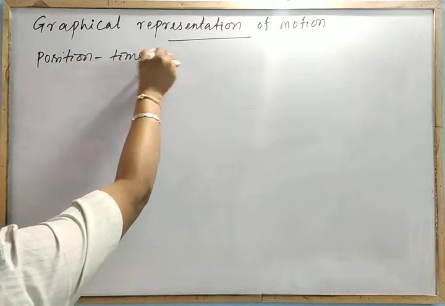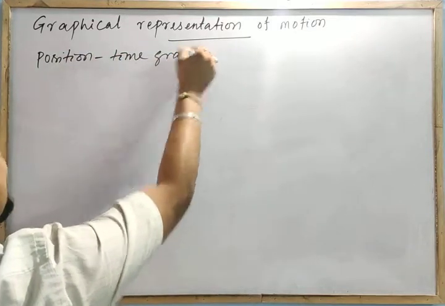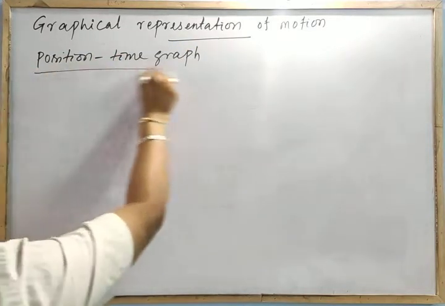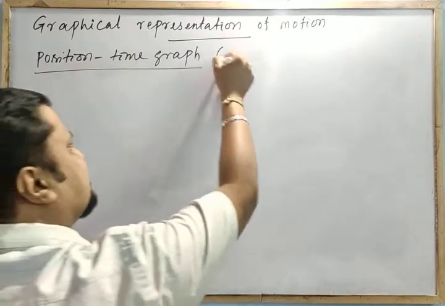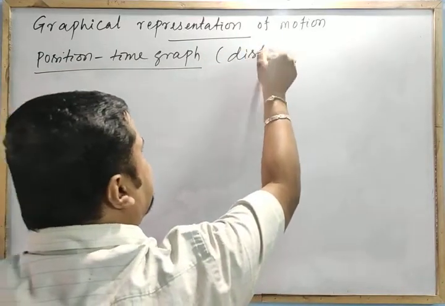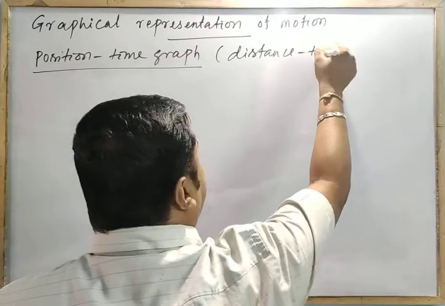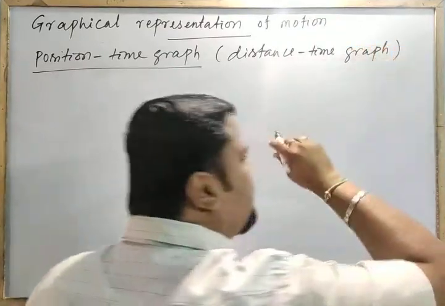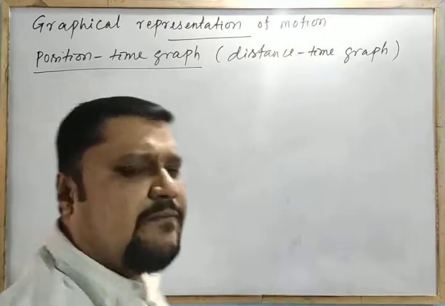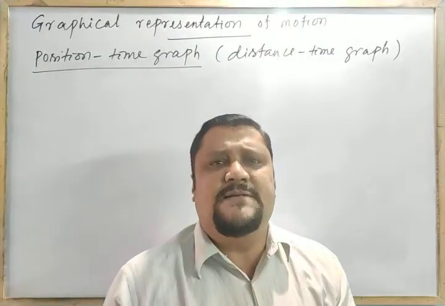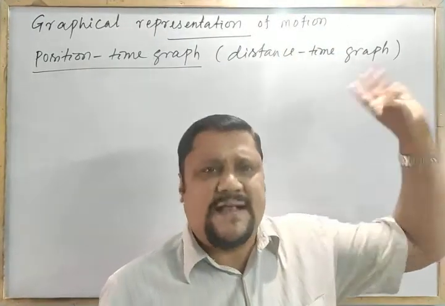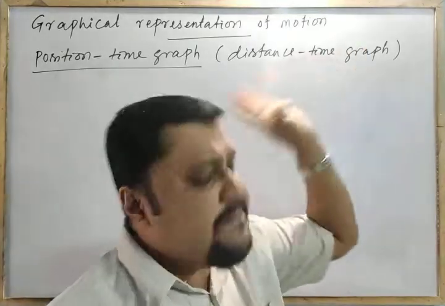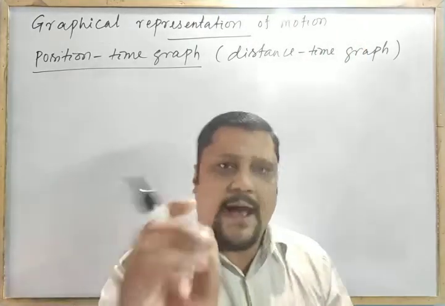It is a one dimension motion and the particle is moving in a straight line. Displacement time graph also, the magnitude of the displacement. Here you cannot show the direction part. Clear? Okay. Are you getting?